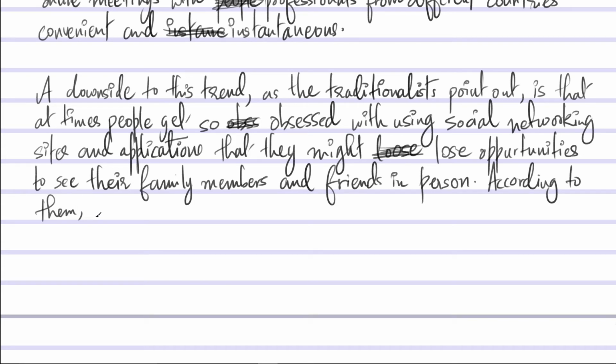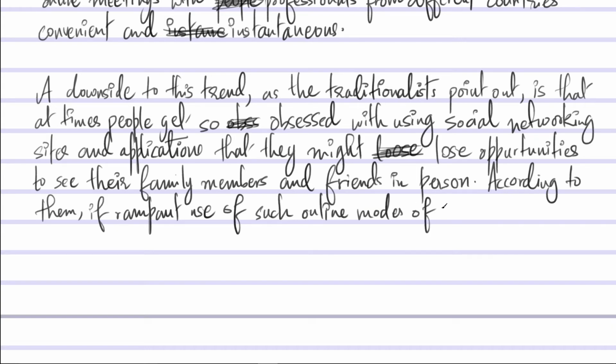According to them, if rampant use of online modes of interaction continues, it may lead to complete isolation to the point that people would start feeling alien in real group gatherings.